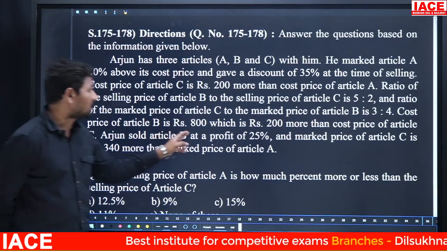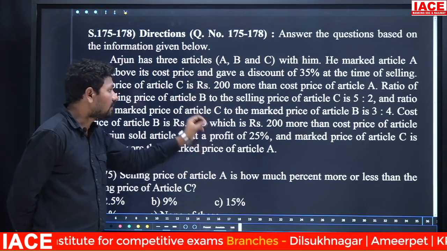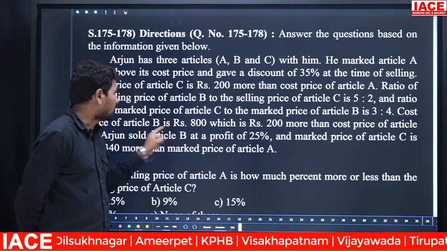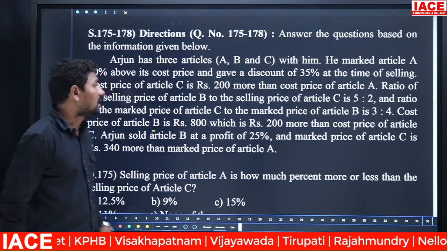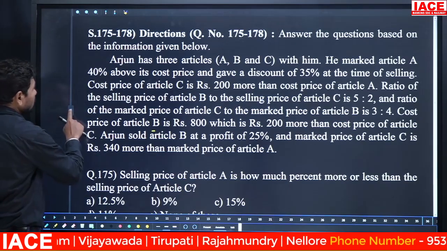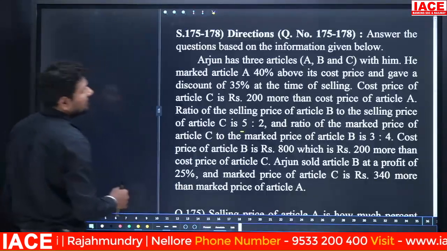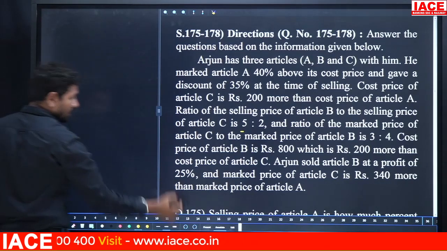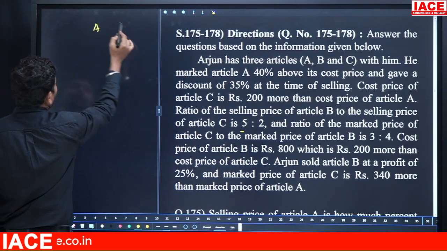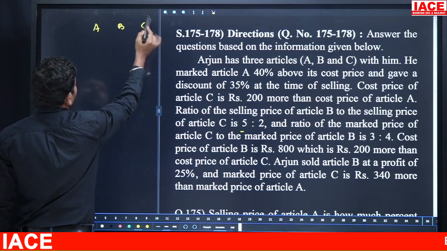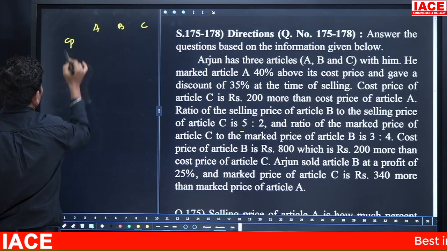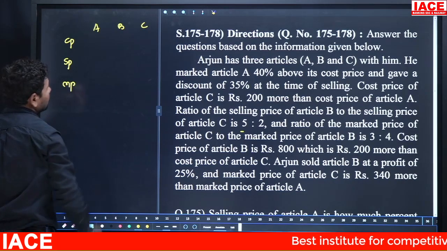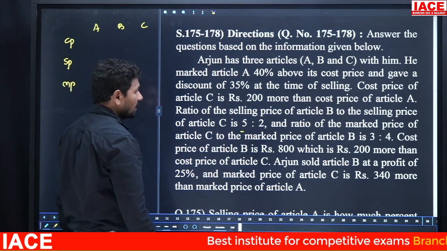Look here, when you're reading a line, they are mentioning one clue. Cost price of article B is mentioned. Cost price of article B is 800, which means the value of article C we will also get. How many articles are there? A, B, C. Arjun has 3 articles, A, B and C. We can write the CP value, the SP value, and the MP value. Now observe the line.